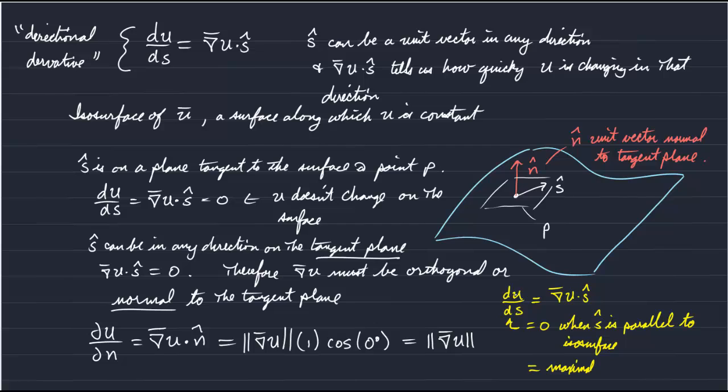The rate of change in u as you move a small distance s is maximal when s hat is normal to an isosurface. So the gradient describes the direction and magnitude of greatest increase in our scalar quantity u.